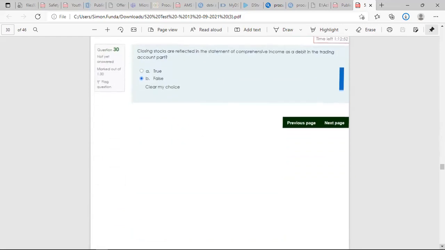Closing stock is reflected in the statement of comprehensive income as a debit in the trading account.